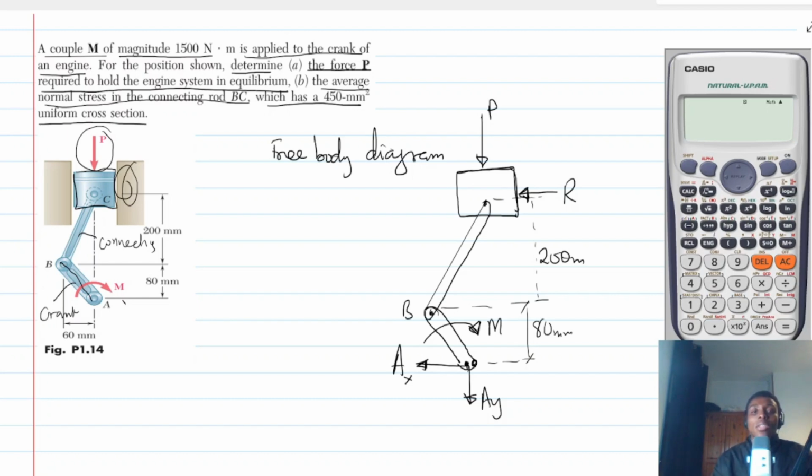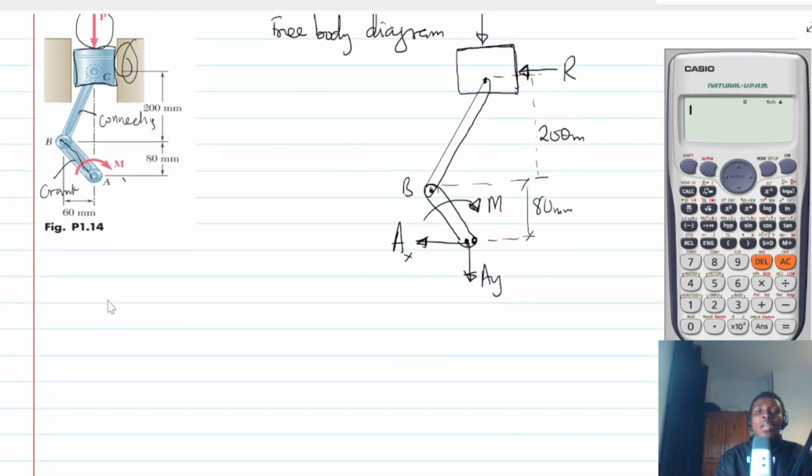So let's sum moment about point A. If we sum moment about point A, it will eliminate A. So summing moment about point A to 0, then we have, this R here is having a distance all the way 200 plus 80, so it's going to be R multiplied by 280, which is 0.280 meters.